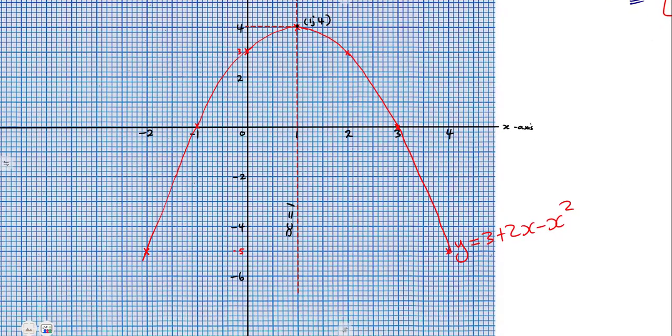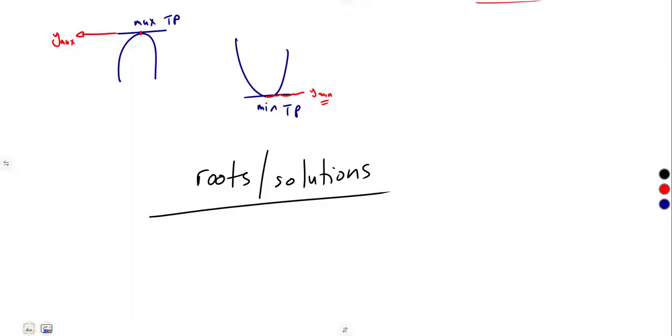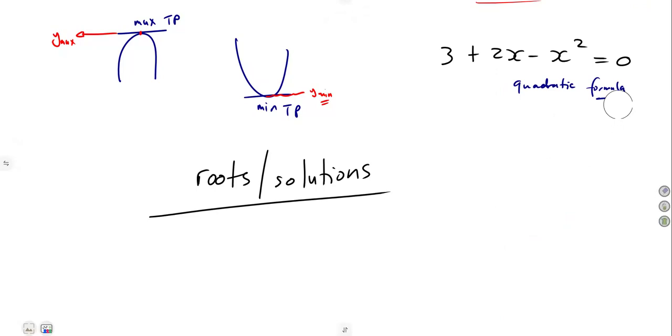We have this as our quadratic function, and let's say you're asked to solve 3 + 2x - x² = 0. It's now an equation. The first thing you think of is to use the quadratic formula. But this isn't our case, guys. We are not to use the quadratic formula.